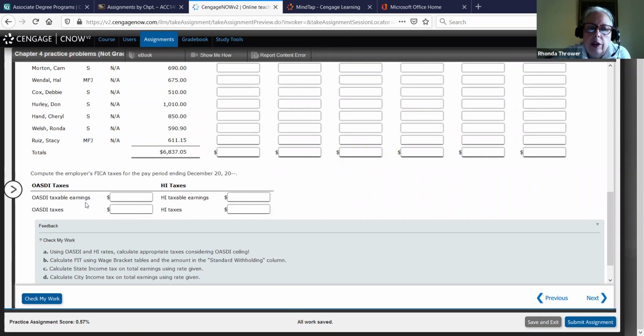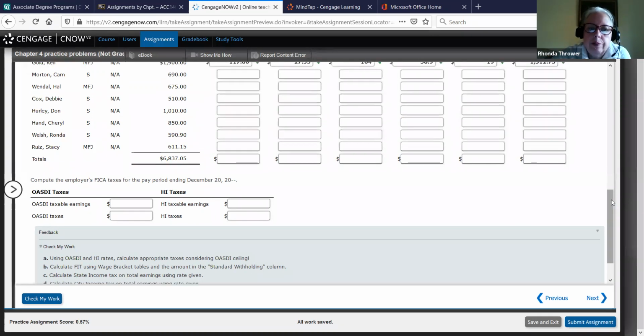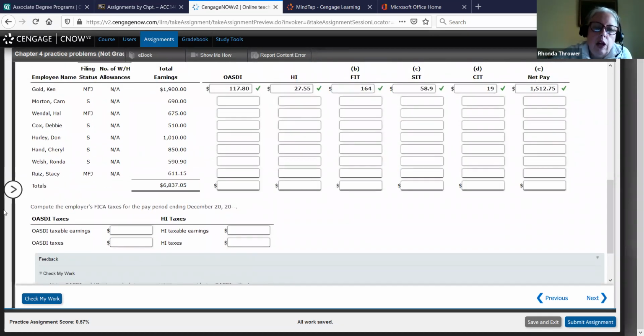So for your OASDI taxable earnings, since none of these went over the ceiling for OASDI, all of these are the taxable earnings. And it would be the same for the HI taxes.